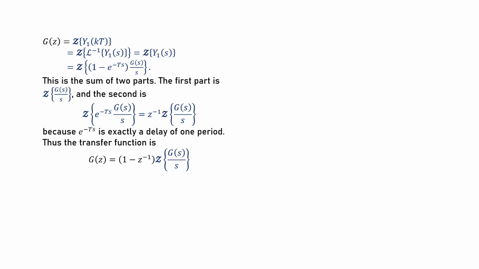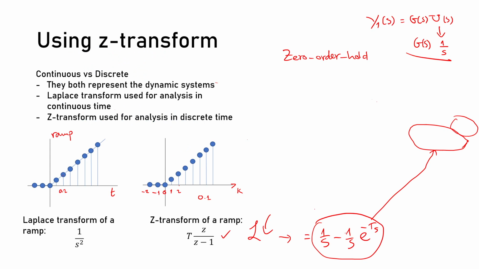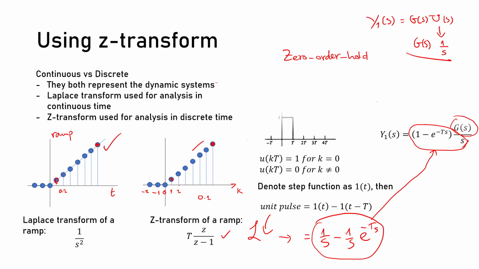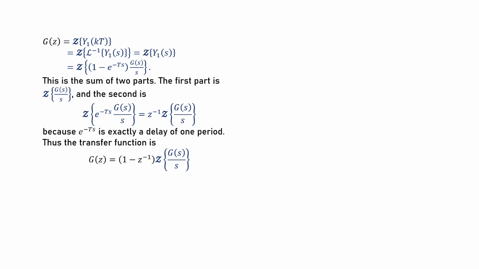Just points like this, like this, and this one. So this value is the same as this value. This value here is the same as this value here, right? So the Z transform of the discrete time here is just the Z transform of the Laplace inverse of the continuous transfer function, because from the Laplace inverse of this one you get y1(t), but you sample t to be kT, right?